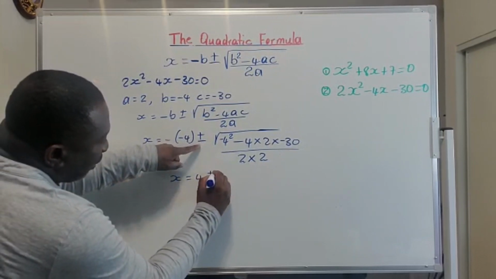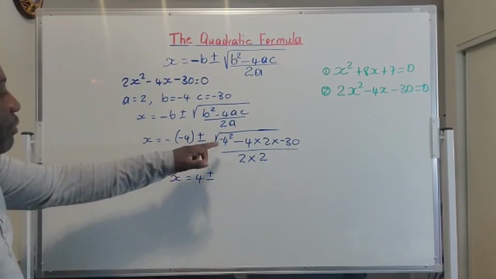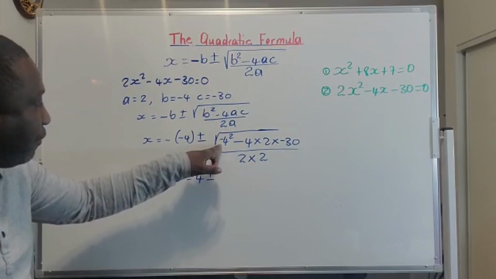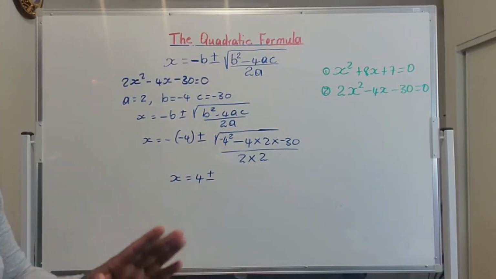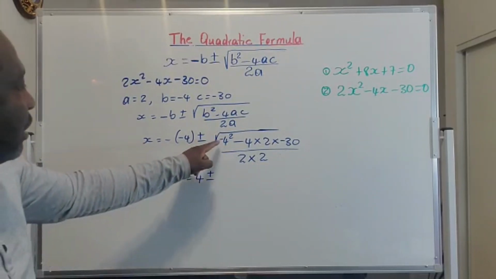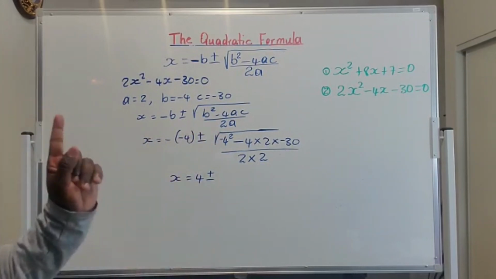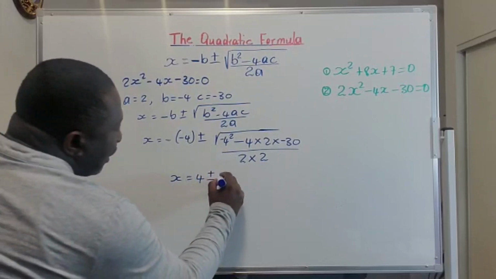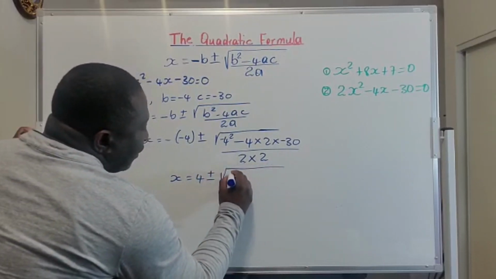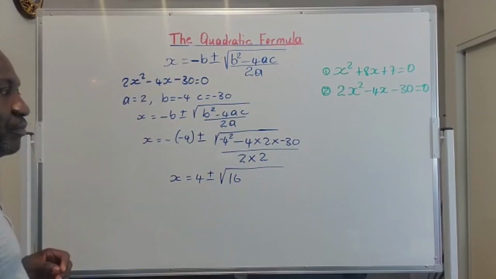Maintain my plus or minus. I'm going to be squaring negative 4, which means negative 4 times negative 4. Multiplying two values with the same sign will give me a positive outcome, which will give me positive 16.